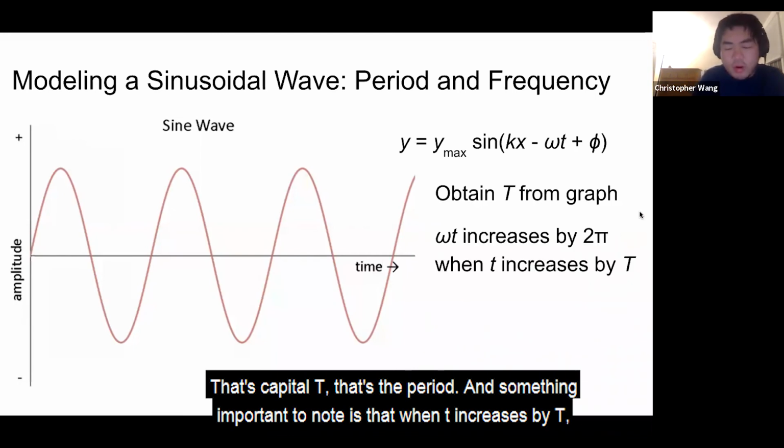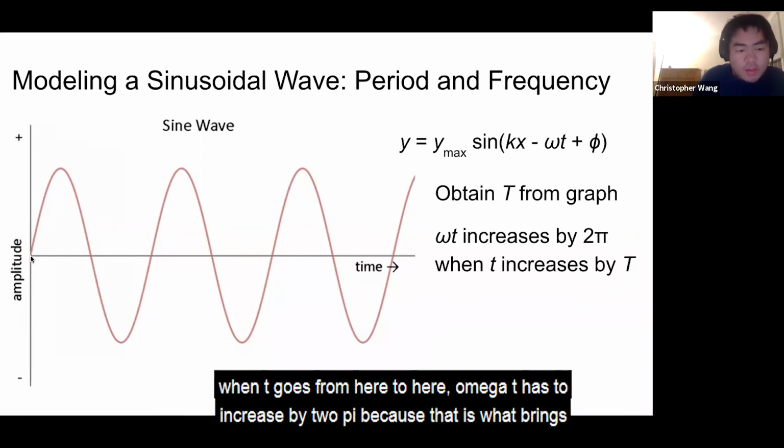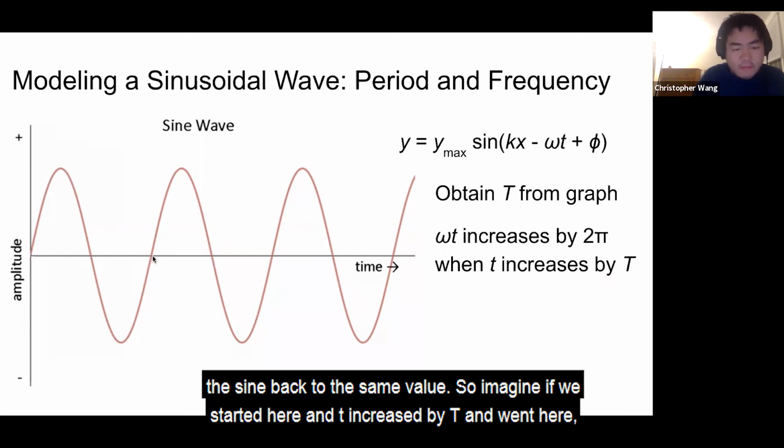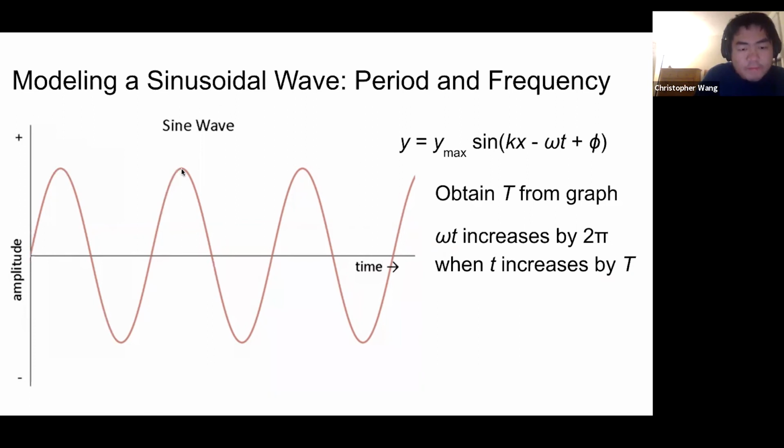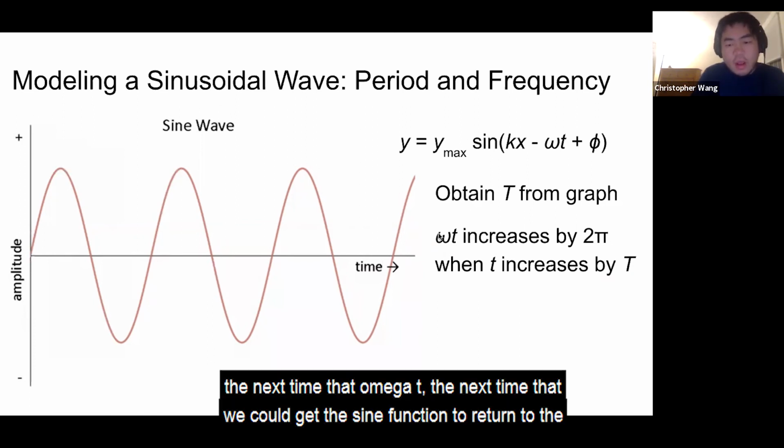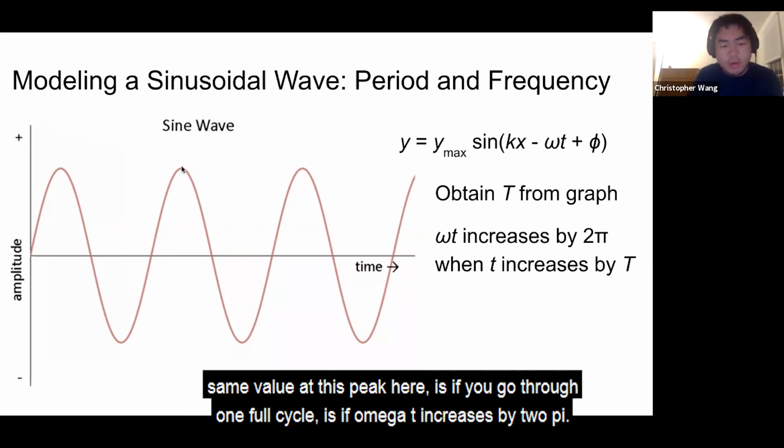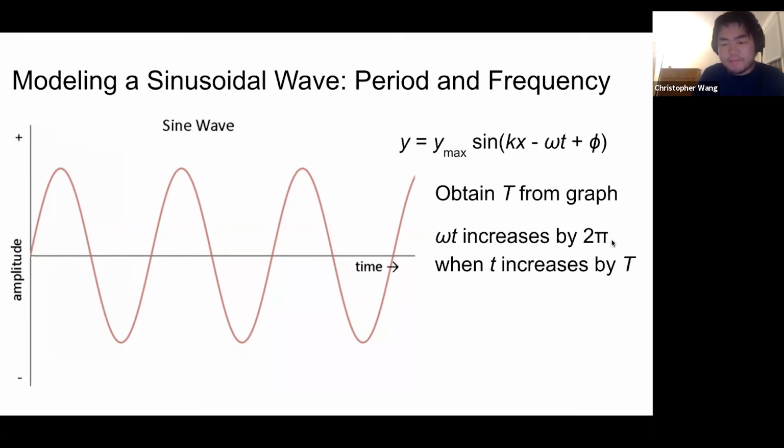And something important to note is that when t increases by T, when t goes from here to here, omega t has to increase by 2 pi, because that is what brings the sine back to the same value. So imagine if we started here and t increased by T and went here. The next time that we could get the sine function to return to the same value at this peak is if you go through one full cycle, if omega t increases by 2 pi.